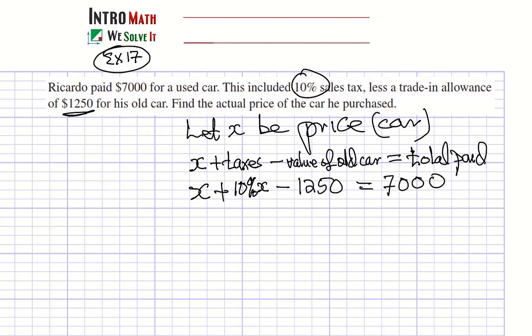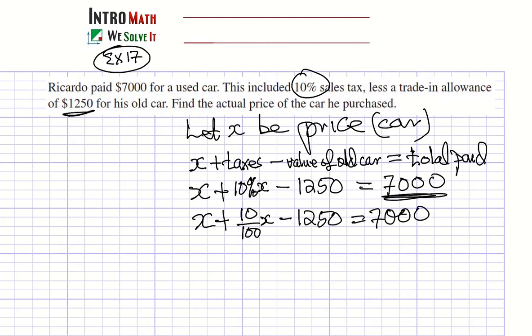You understand? Because after all that, he paid 7,000. Once you understand the problem, it breaks down like that, and you can see there is nothing to be scared of. So it's X plus 10 over 100 of X, minus 1250, equals 7,000.